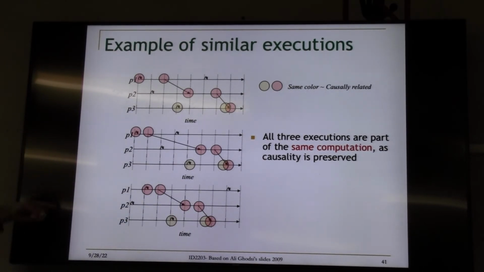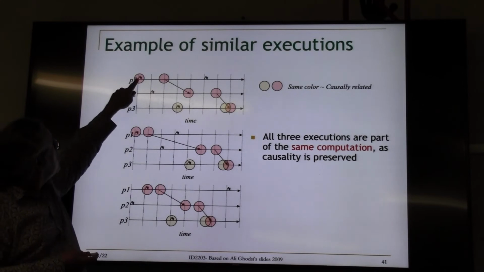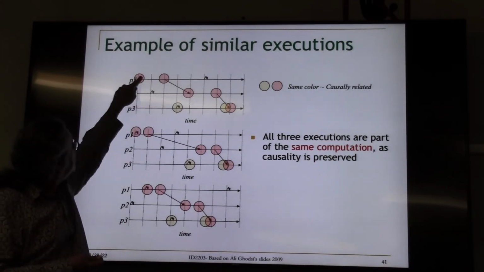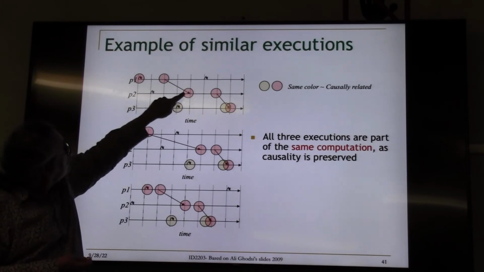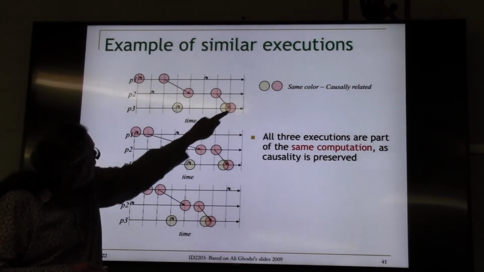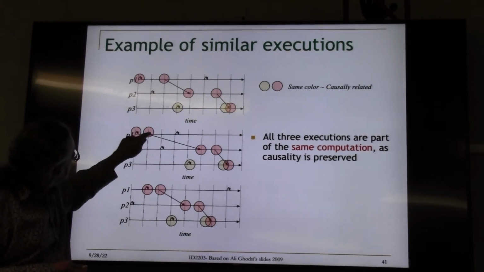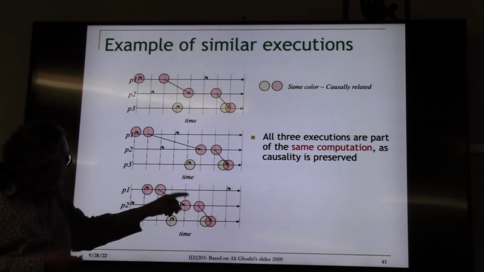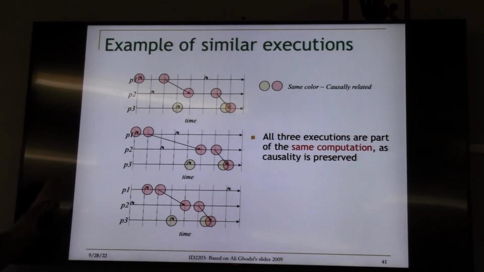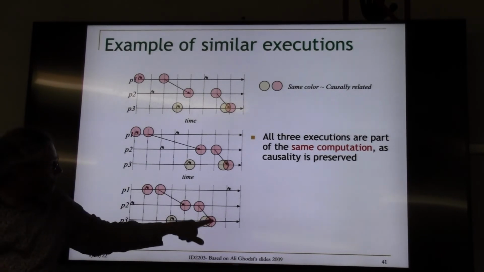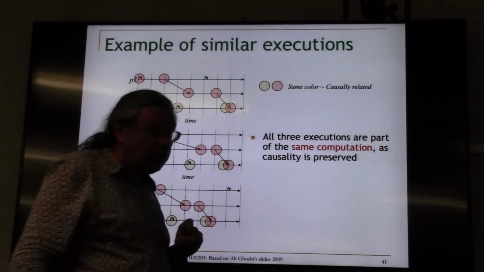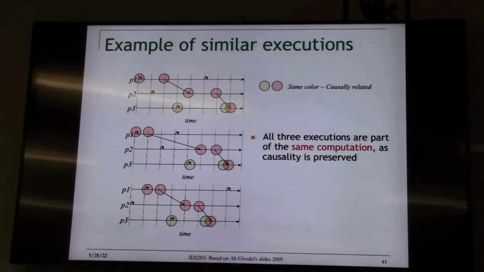It's true for all three of these executions, so they are doing the same computation. Causality is preserved. For example, the pink chain here is made of causally related events. Here the chain is also the same, in the same order. Here also the chain, sometimes it's stretched out, sometimes it's compressed, but the order is the same. So the causality is preserved, and they're actually doing the same thing. They're doing the same computation.